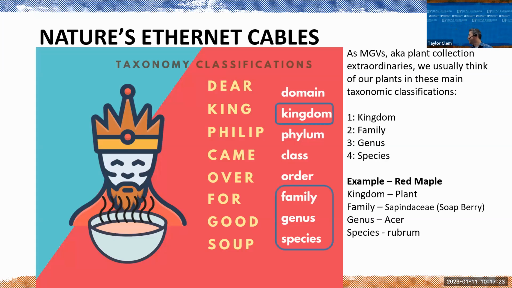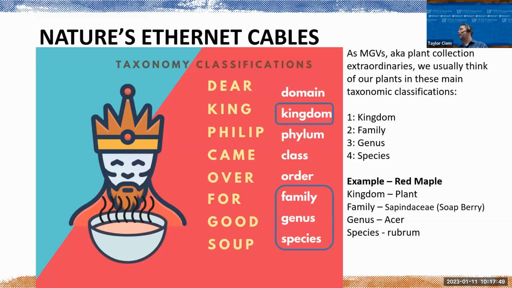So for example, a red maple is in the plant kingdom, right? Its family is soapberry, Sapindaceae, depending on who you ask on how to pronounce that. That's the family. And then the genus is Acer and the species is rubrum. So that's that taxonomic classification, essentially the scientific fancy names of plants.